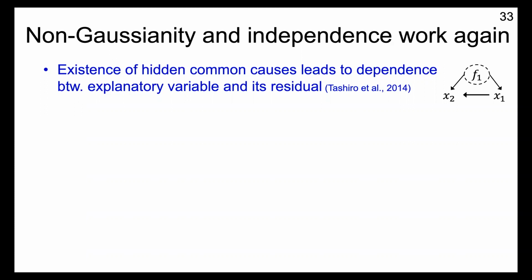Similarly, we can show that they are not independent also when there is some hidden common cause between the variables. Because such a hidden common cause, like F1, introduces some dependency between the explanatory variable and its residual.